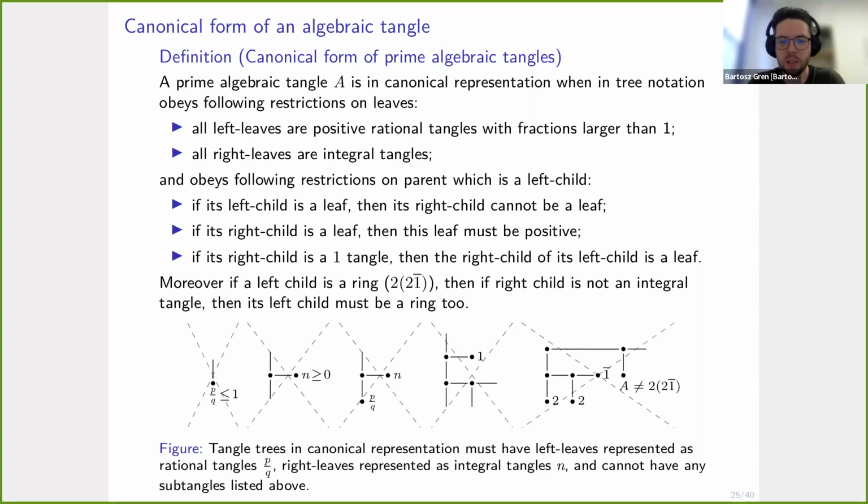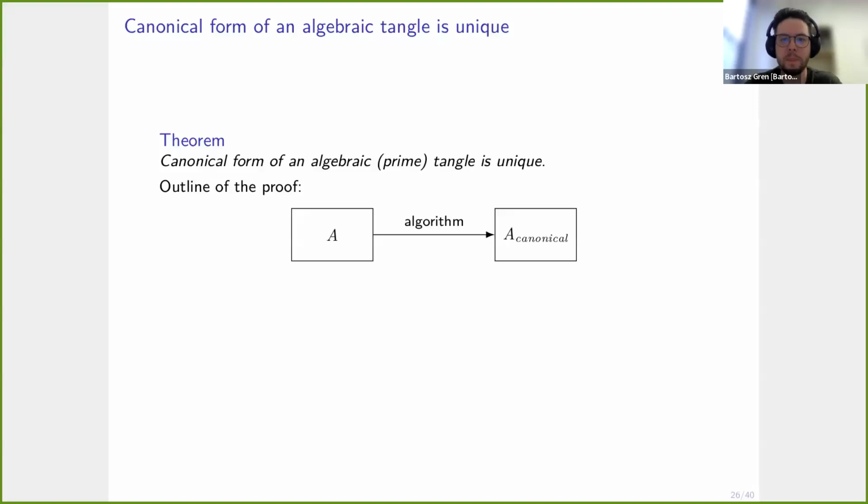So here are these forbidden subtrees of a tangle tree, in our canonical form of the tree representation of a tangle. And we've proven that this canonical form is unique.